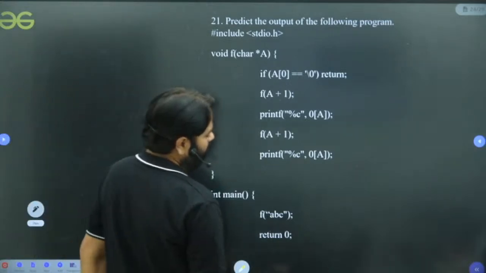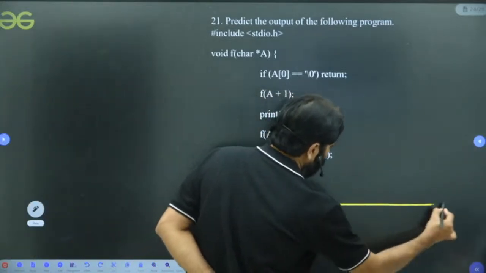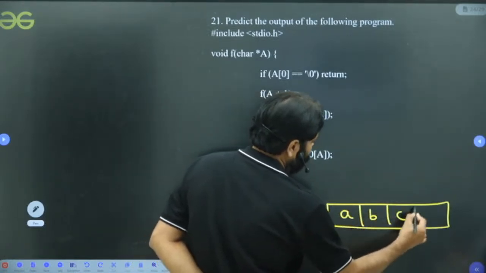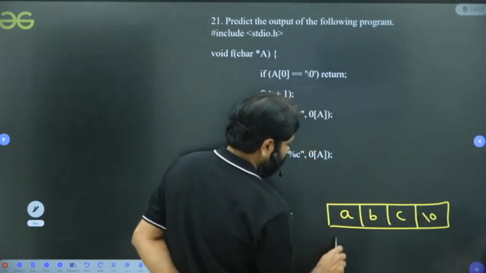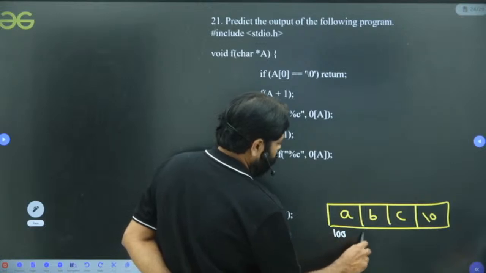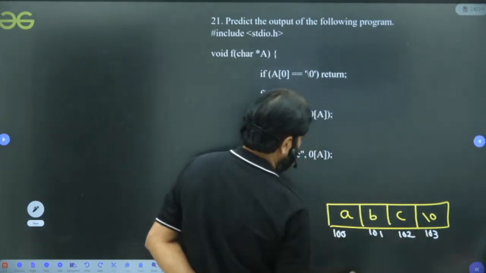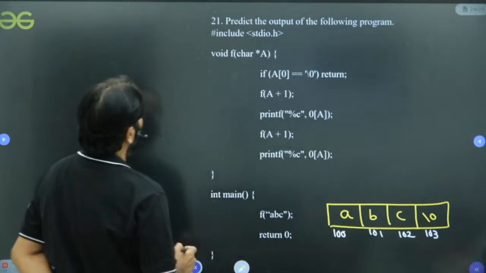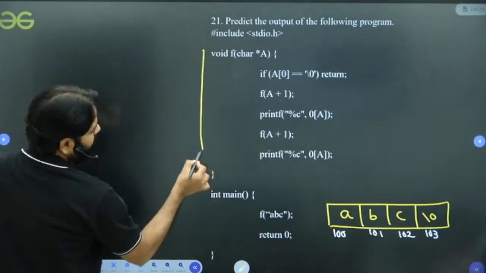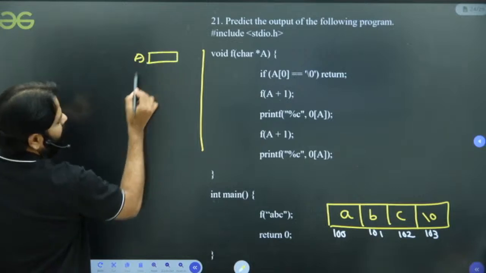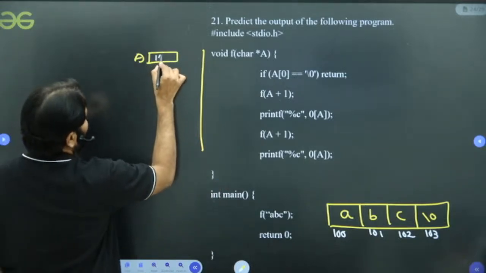Let me deal with it properly. Like you have the array which has 3 characters but no name for it. Yes or no? And the first time when you call it from here, A is going to hold the address 100, correct?